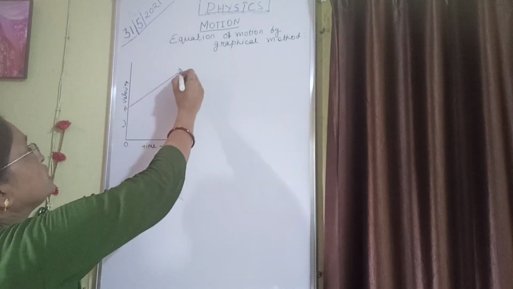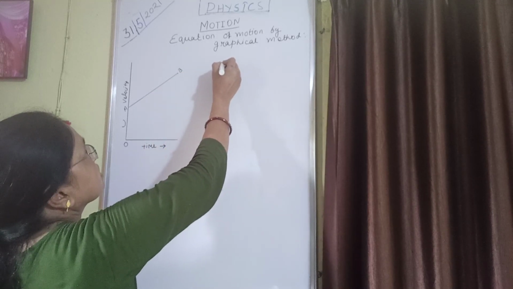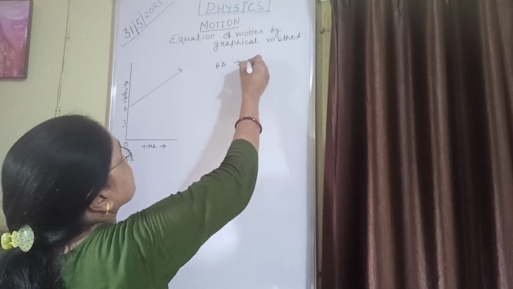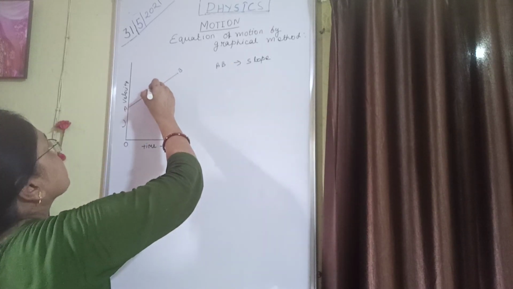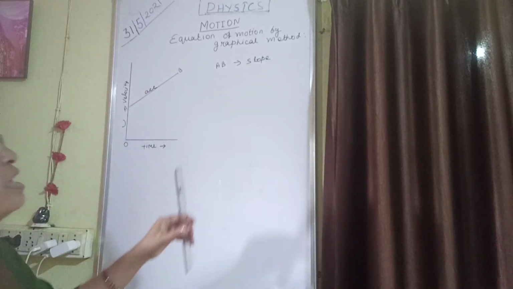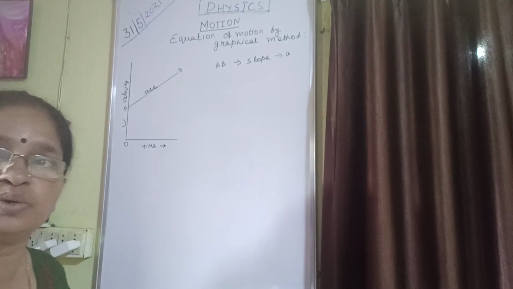So AB is the slope. From this graph we have got AB as the slope, and this slope is nothing but acceleration.